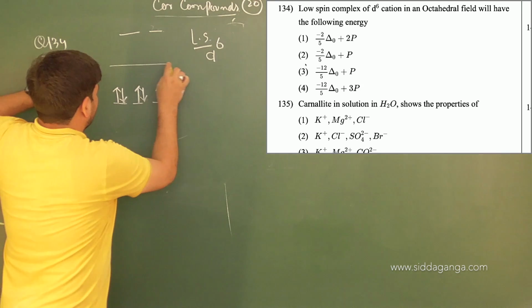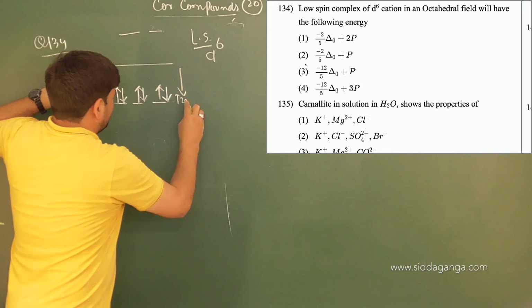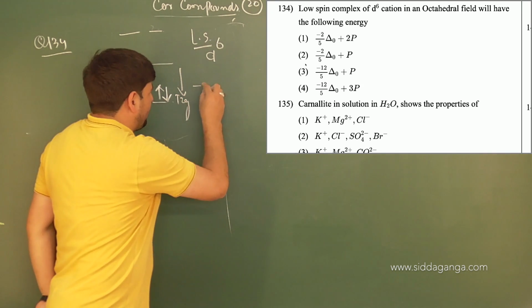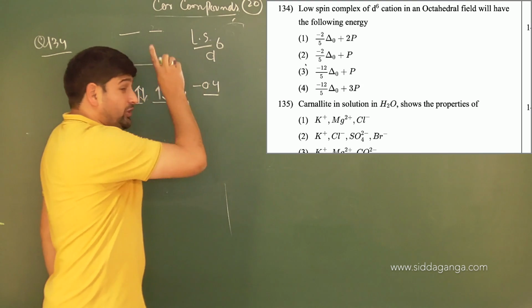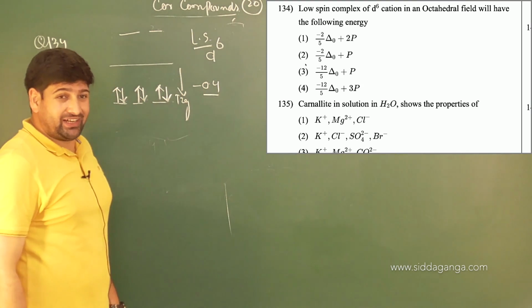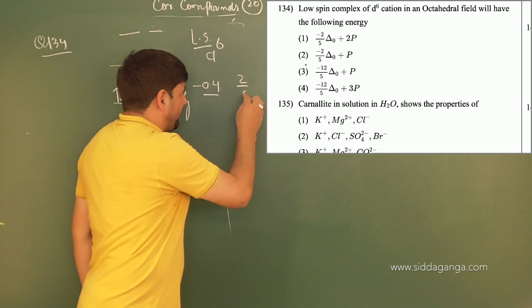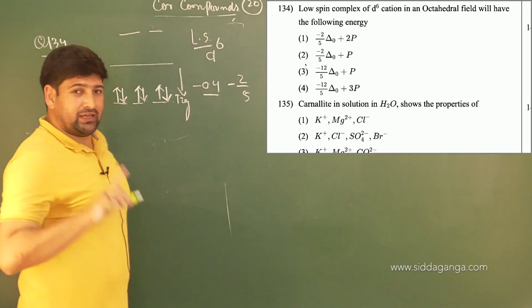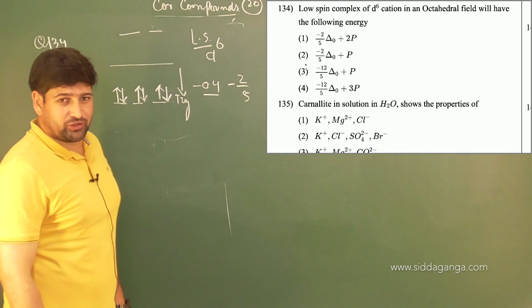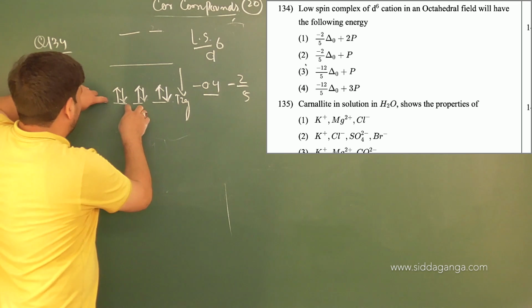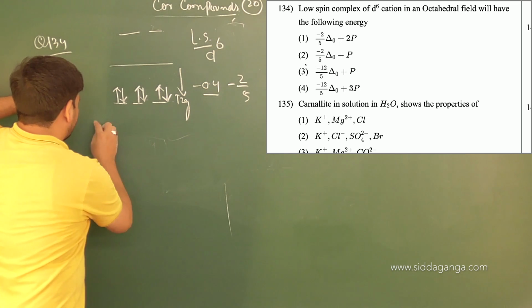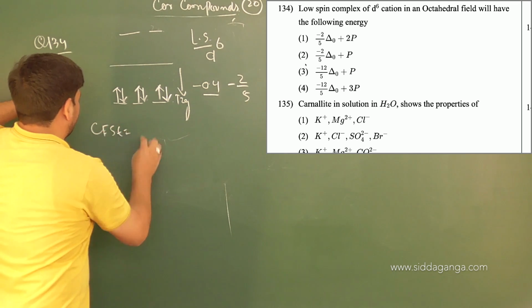We know that T2g set is stabilized by the value of minus 0.4. When you look on the energy considerations of 10 Dq, what do we call this 0.4 as? 2 by 5. So it is minus 2 by 5. In this, the fractional value has been given to you. So the number of electrons are how many? 6. So it will be crystal field splitting energy will be given by what?